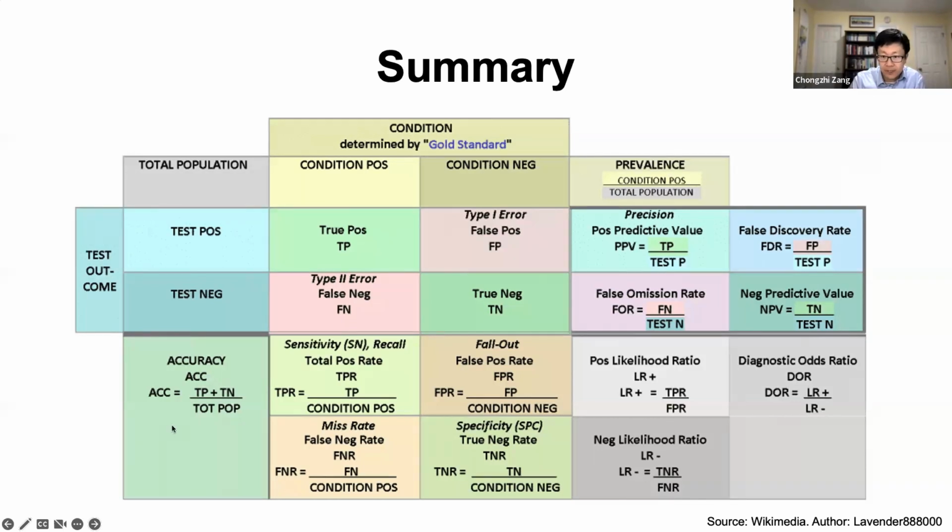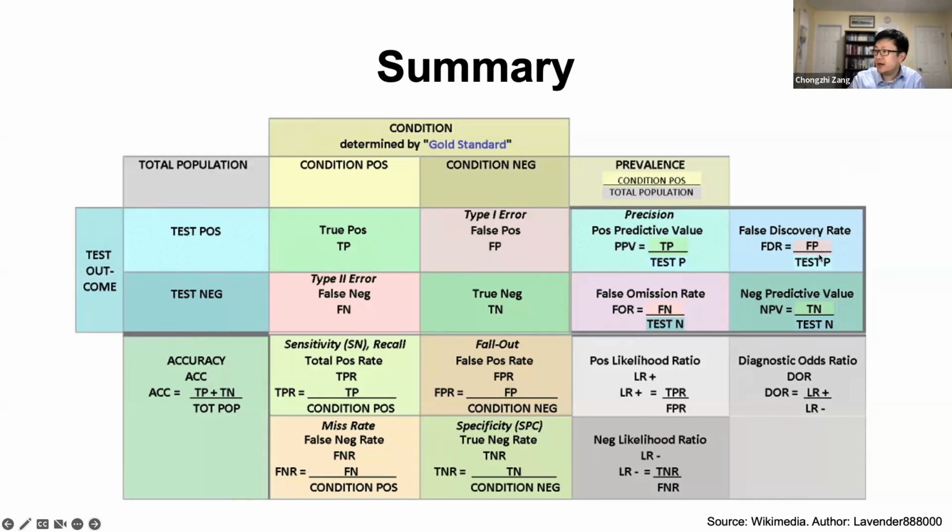Some of the measurements might be useful, especially to quantify the performance of some machine learning approaches, like measuring the accuracy. There's accuracy, there's sensitivity or recall, and there's specificity. And I think precision is also important. There is also an important concept, the false discovery rate.